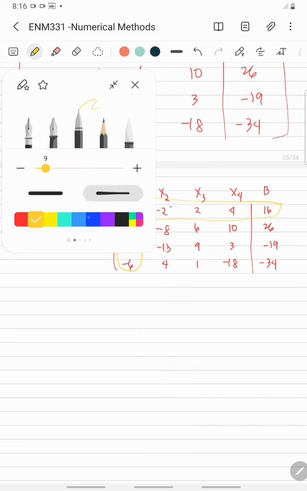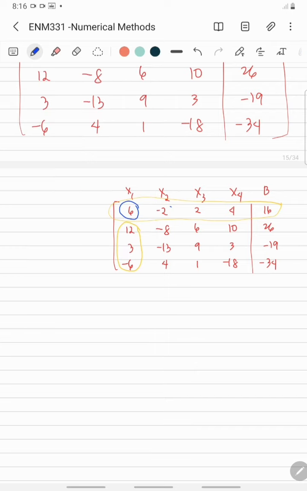For the elements of row 2, row 3, and row 4, we have to replace these values by subtracting from the elements of row 2, row 3, and row 4 the elements of the first row multiplied by a multiplier.